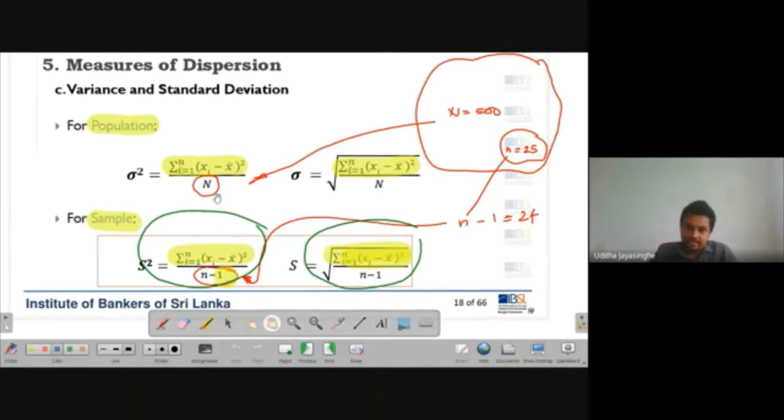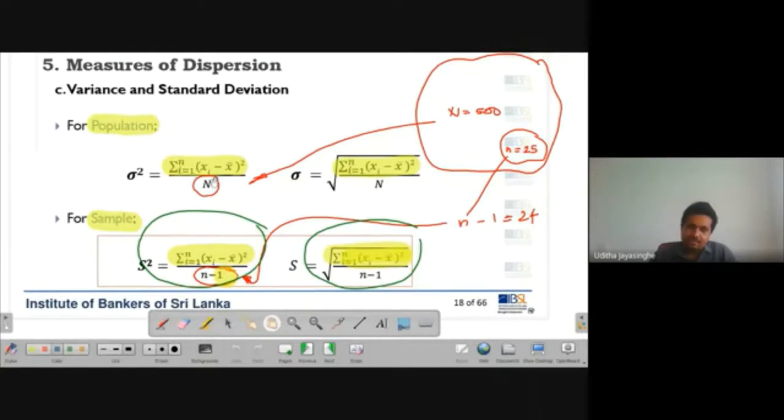The salient difference is that for population, you take capital N, say 500. But when you take the sample, instead of 25, you take 24, n minus 1. That is the only difference when you calculate the variance and the standard deviation, for population and for sample.